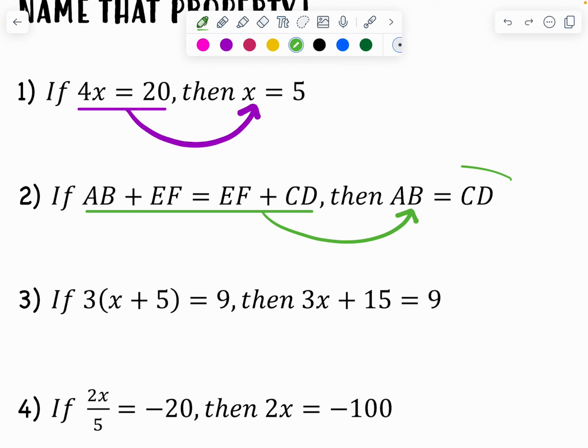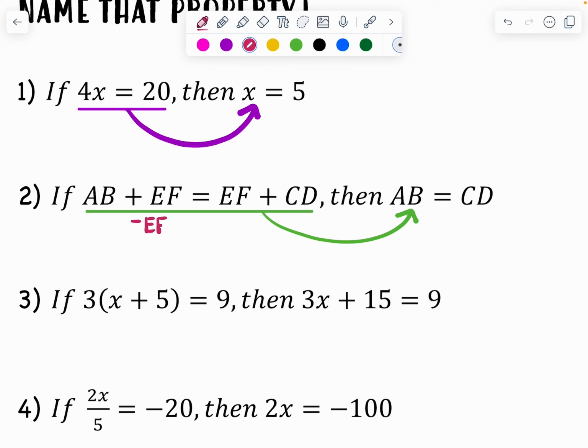So what you need to ask yourself is, if this is my conclusion and I have an AB and a CD right here, then what went away? Hopefully you can see from our hypothesis to our conclusion, all that happened was that the EFs disappeared. Well, in an algebra equation, how can I get these positive EFs to go away?